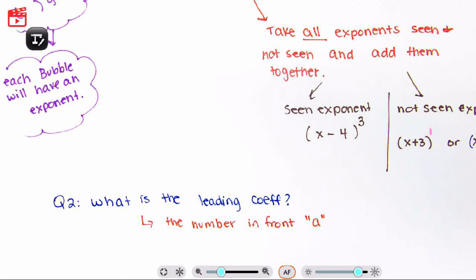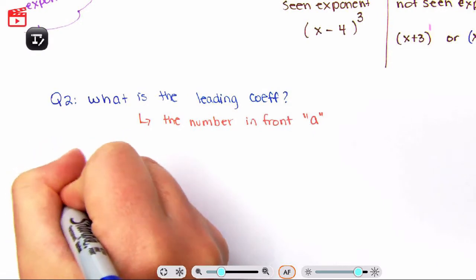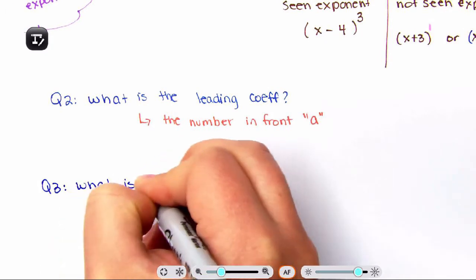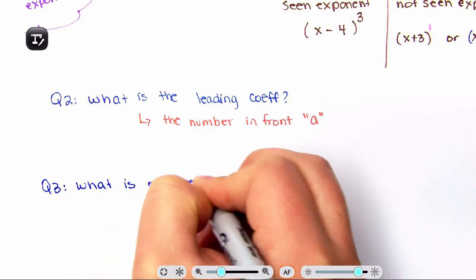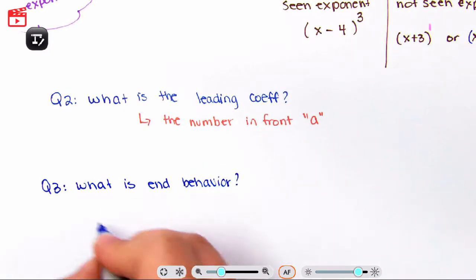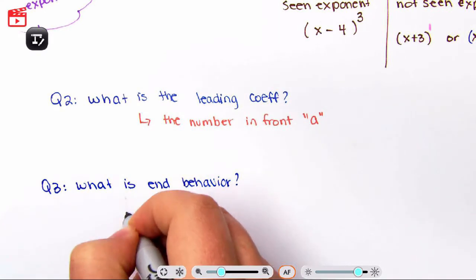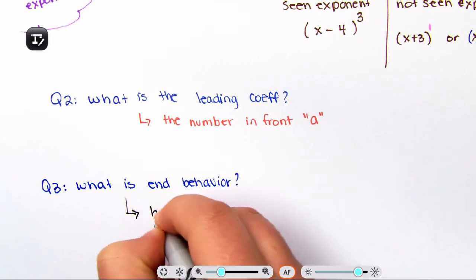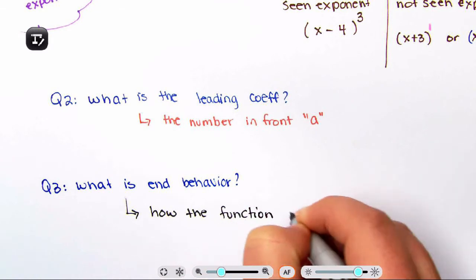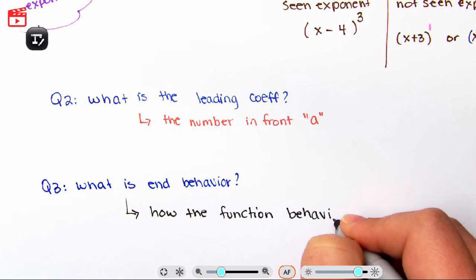Okay, step number, well, not technically step, but questions. We'll get to steps later. Question number 3. What is the end behavior? So end behavior is how the graph, let me change markers, how your function behaves, how the function behaves.